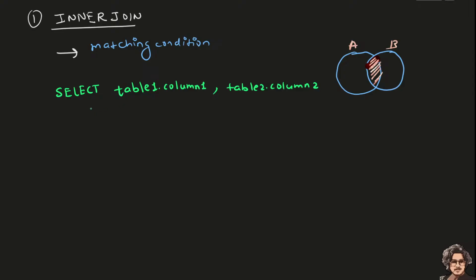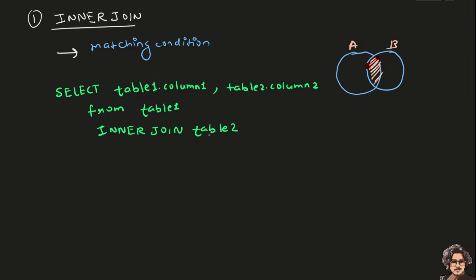Then FROM table 1, the table I have to join with. From table 1, INNER JOIN. Inner join with which table? Table 2.